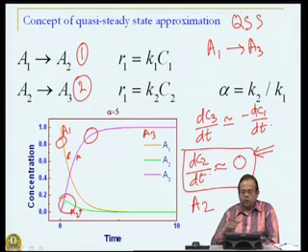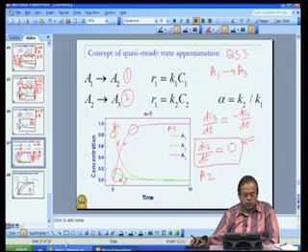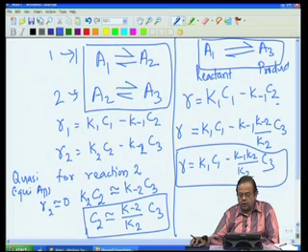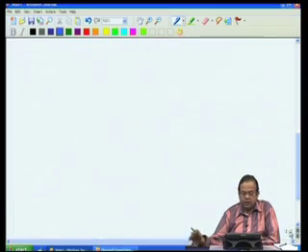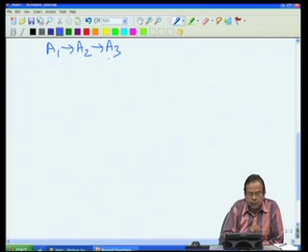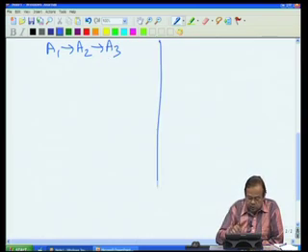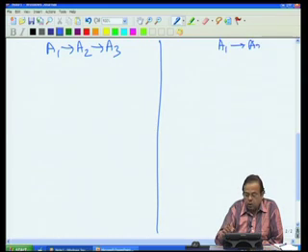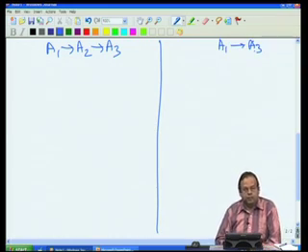So, how do we use quasi steady state approximation? Let us go back to our reaction set once again, and this time let us say that I have A1 going to A2 going to A3 as my mechanism of the reaction, whereas the actual reaction is A1 going to A3.